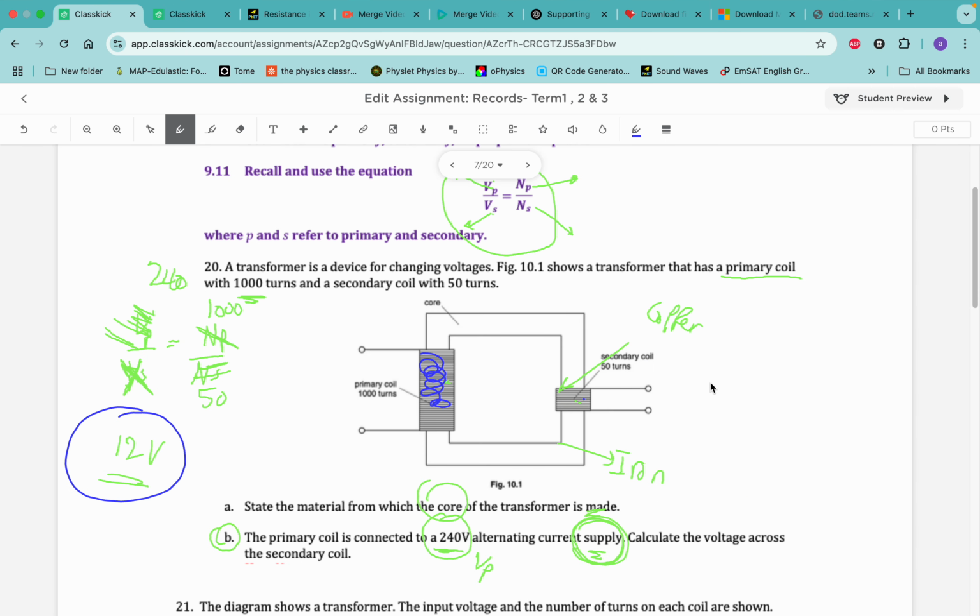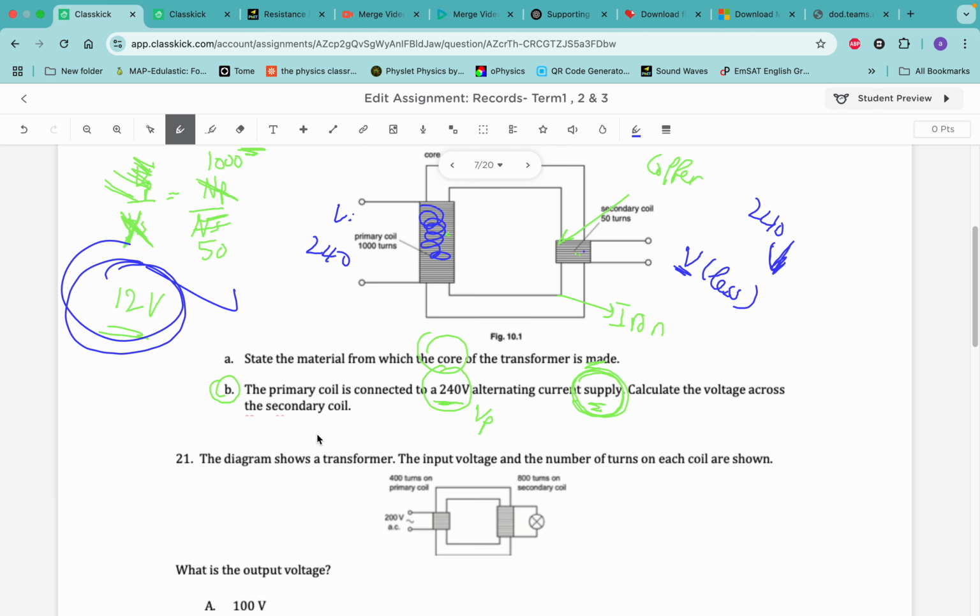Which means this voltage has to be smaller than the primary. If the primary is 240, so Vs has to be smaller than 240, and this is what we got. So it's correct. For voltage, the measuring unit is volts. Don't forget.